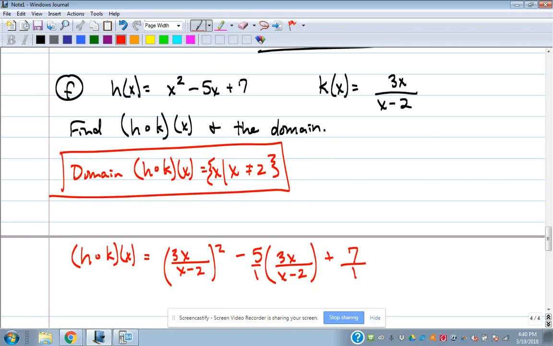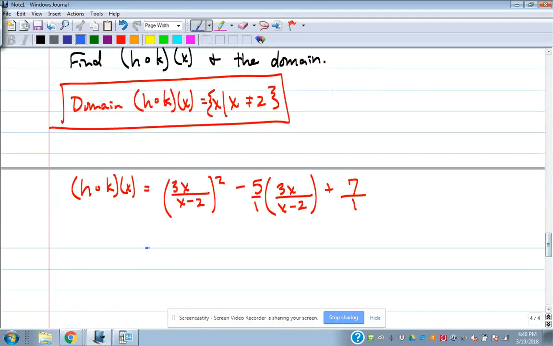When I square 3x over x minus 2, what do I get? Besides a headache. What's 3x times 3x? 9x squared. Here's a shortcut.